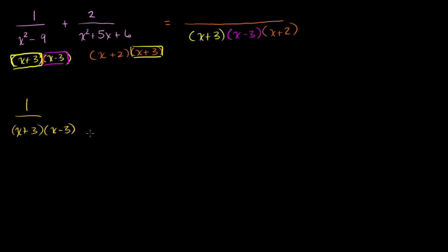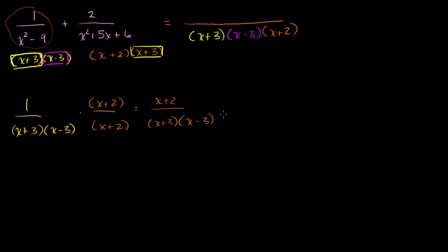If I want an x plus 2 in the denominator, I have to multiply the numerator and the denominator by x plus 2. So this expression will become x plus 2 over x plus 3 times x minus 3 times x plus 2. This is the first term.